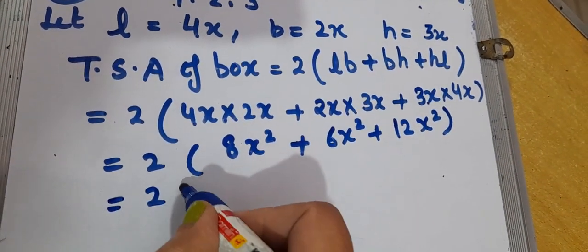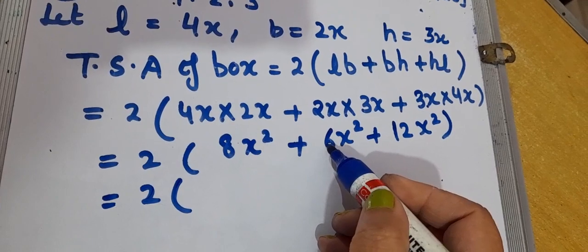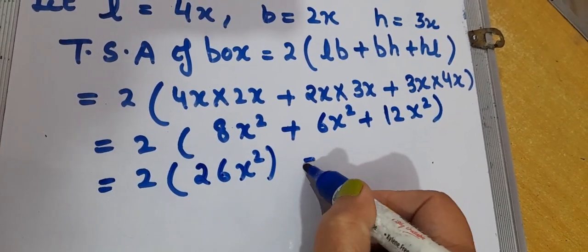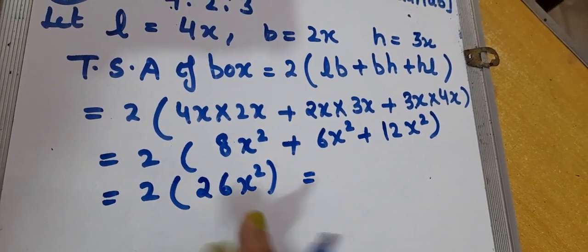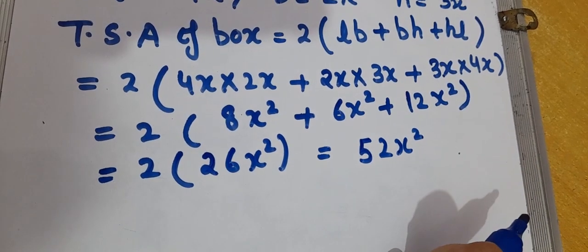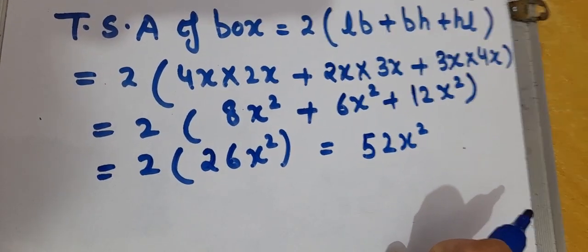So add these all, you get 8 plus 6, 14, 14 plus 12, 26x square. Now multiply 2 and 26, you get 52x square. This is the total surface area of the box in meter square.